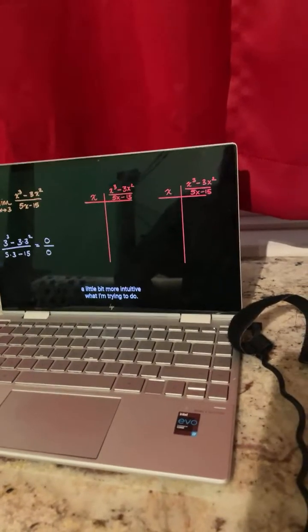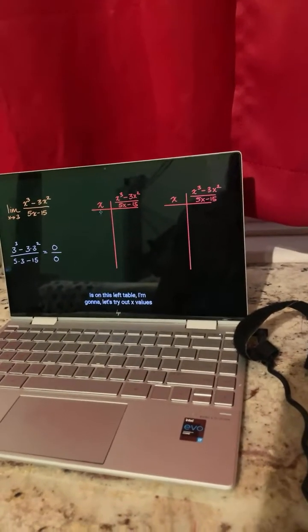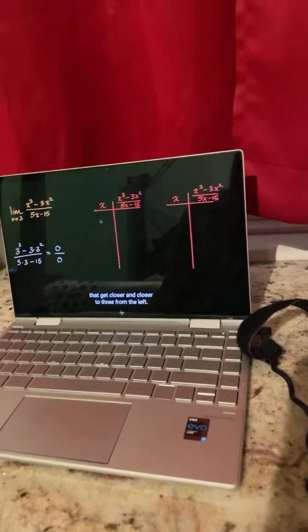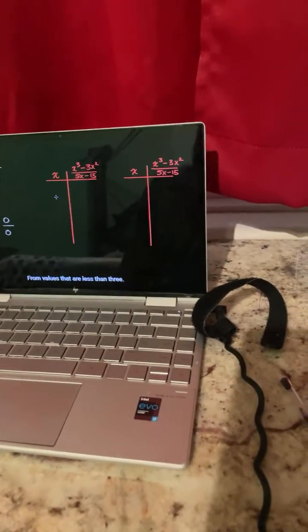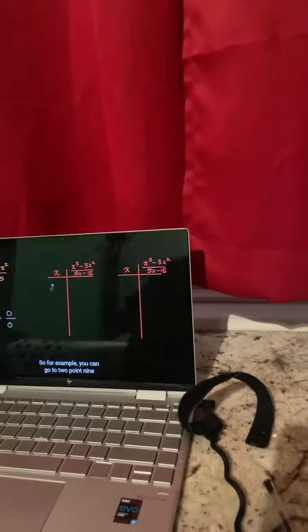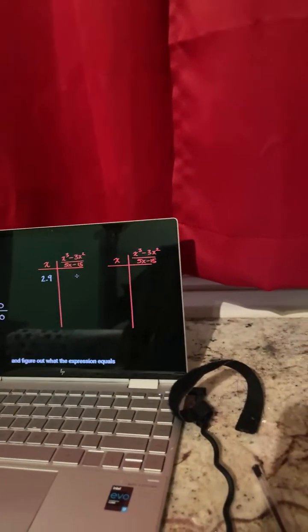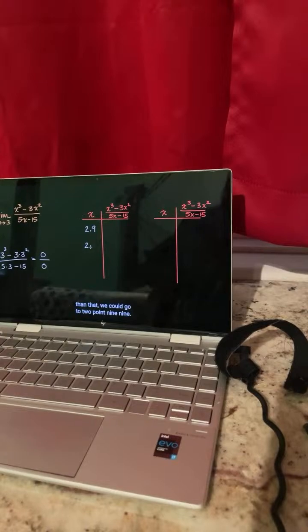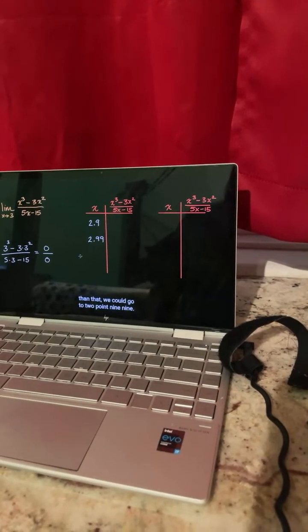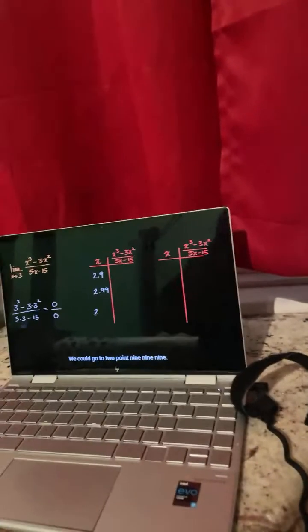What I'm trying to do is on this left table, let's try out x values that get closer and closer to 3 from the left, from values that are less than 3. So for example, we could go to 2.9 and figure out what the expression equals when x is 2.9. But then we could try to get even a little bit closer than that. We could go to 2.99. And then we could go even closer than that.